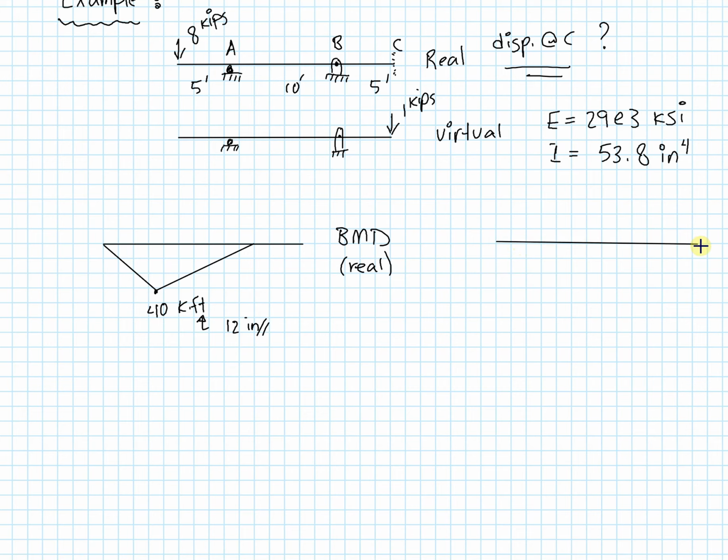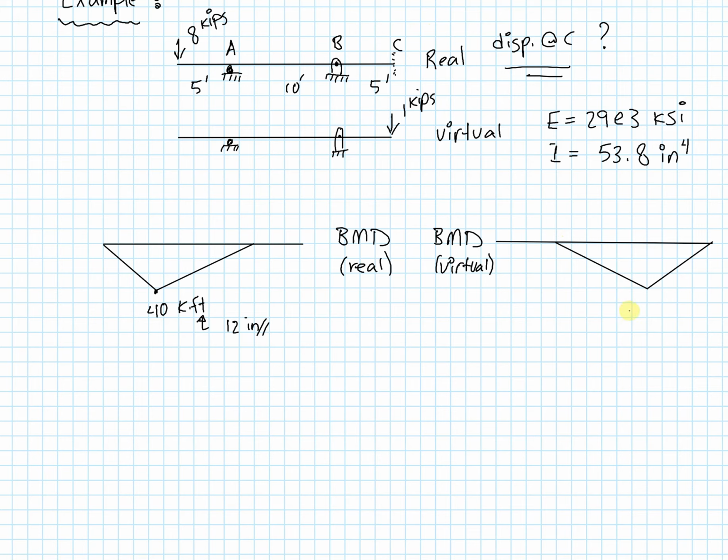And the next thing I'll do is to obtain my BMD diagram for my virtual forces. So this time it's BMD virtual, and I'll have my moments going down again and up, and they will look like that.